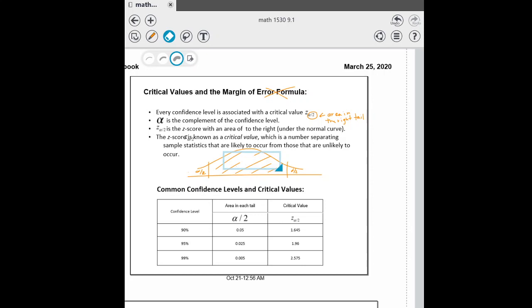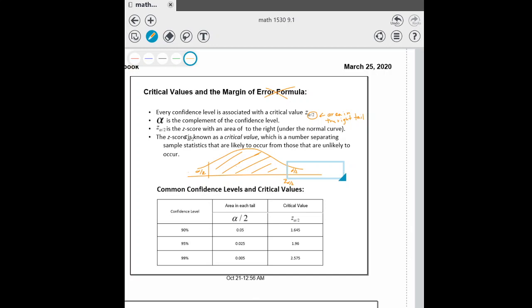So that's the level of confidence in the middle, and the alpha over 2's are on the side. We're always going to use this right one, z alpha over 2. We're always going to use the positive critical value. Even though technically there is one over here, we're using the positive one, and the area to the right of it is that alpha over 2.